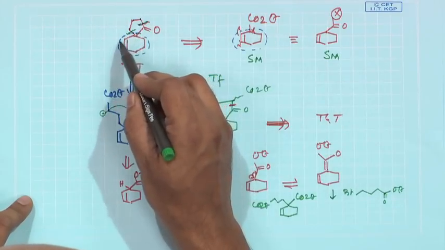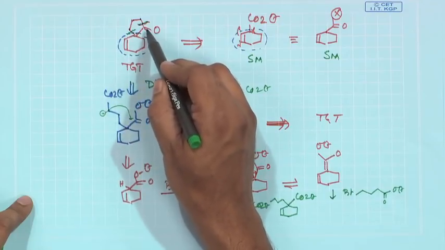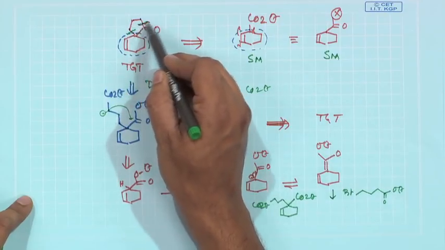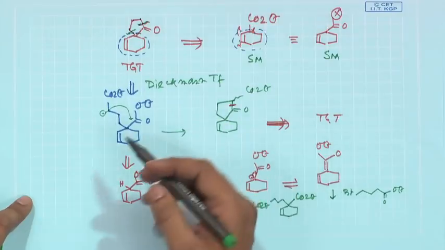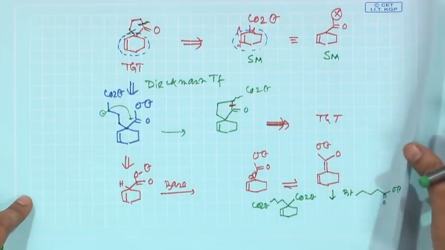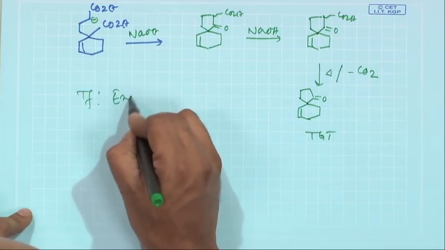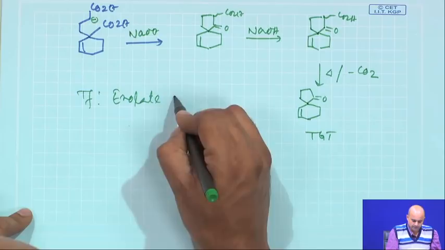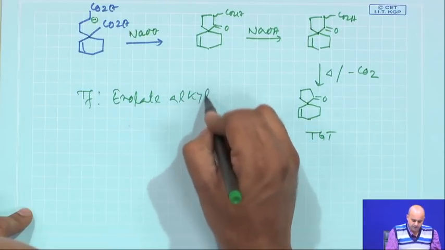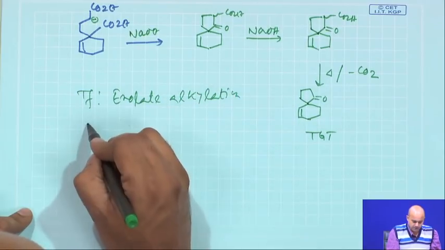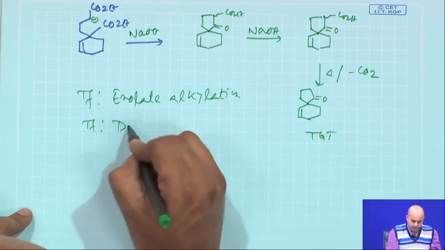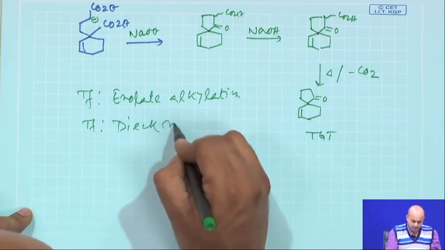So, this entire part, this part as well as this part was given to you, and then you make 2 new carbon-carbon bonds. The transformations which you basically use in the entire thing, we do an enolate alkylation, and in addition you do another very important transformation, the Dieckmann transformation.